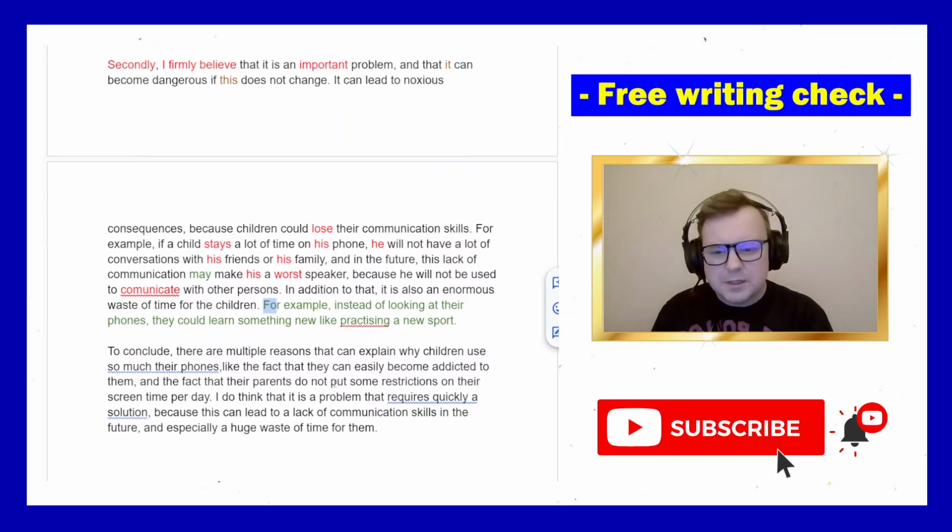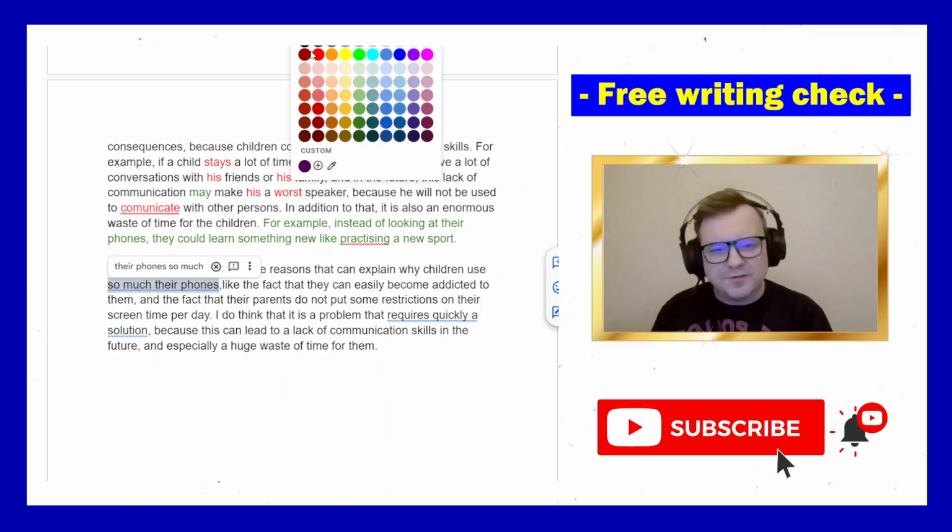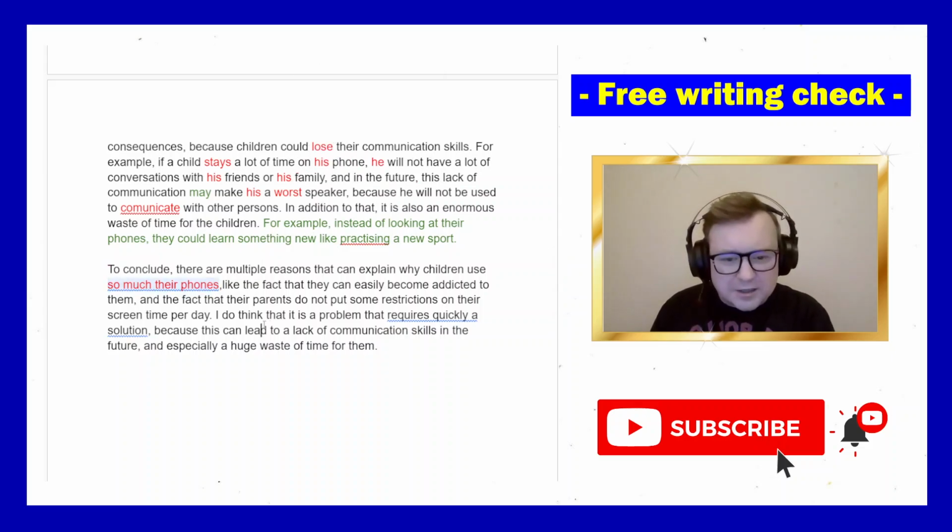All right. So to conclude, we get a summary of the ideas. "To conclude, there are multiple reasons that can explain why children use so much their phones." So strange word order here: use their phones so much, not use so much their phones. "Like the fact that they can easily become addicted to them, and the fact that their parents do not put some restrictions on their screen time.